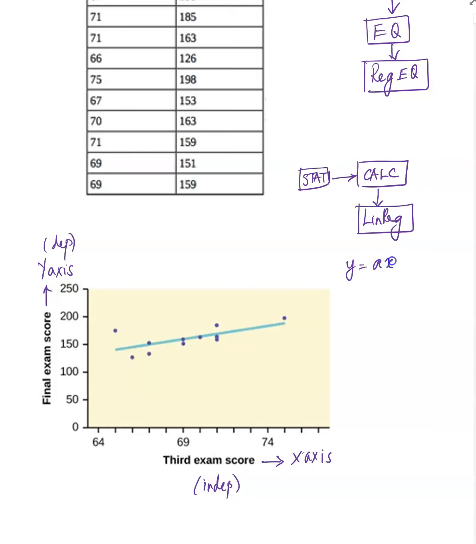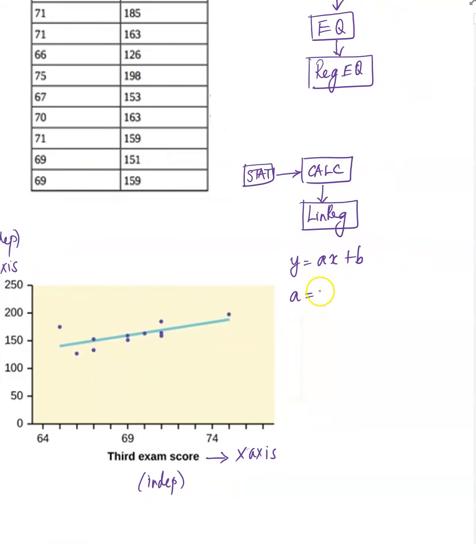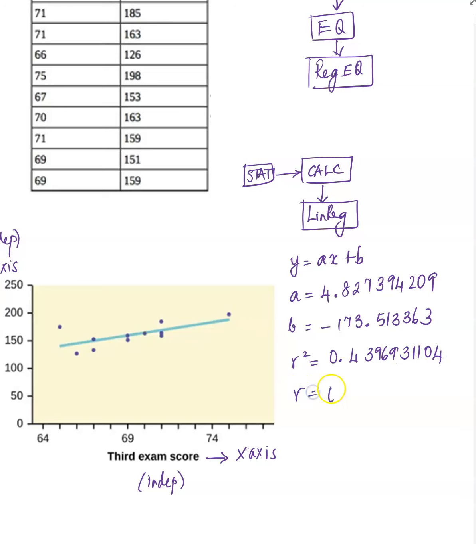You will get y equals ax plus b, with a as 4.827394209, b is negative 173.513363, r squared is 0.43969311104, and r comes out to be 0.6630933591.